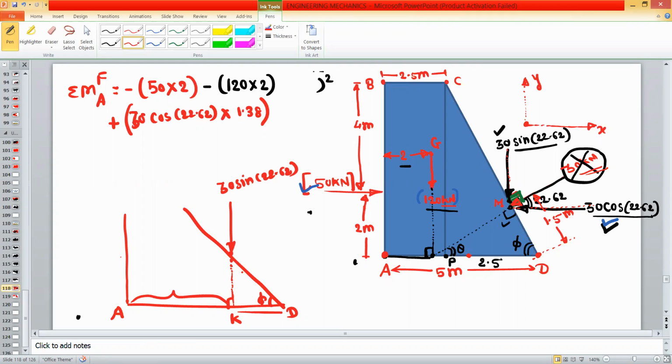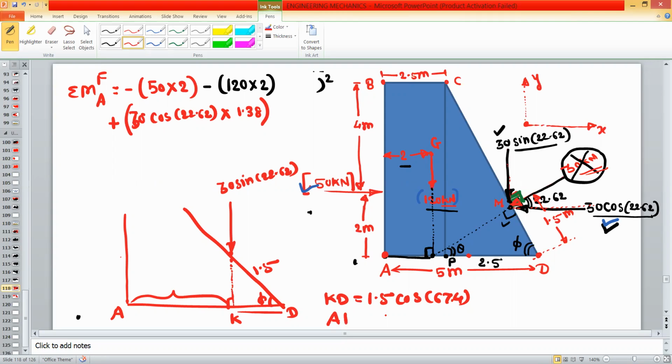KD distance we can find using trigonometry. This is 1.5, the adjacent side. So KD is equal to 1.5 cos 67.4. 67.4 means what? It is the phi value. AK distance is the perpendicular distance.